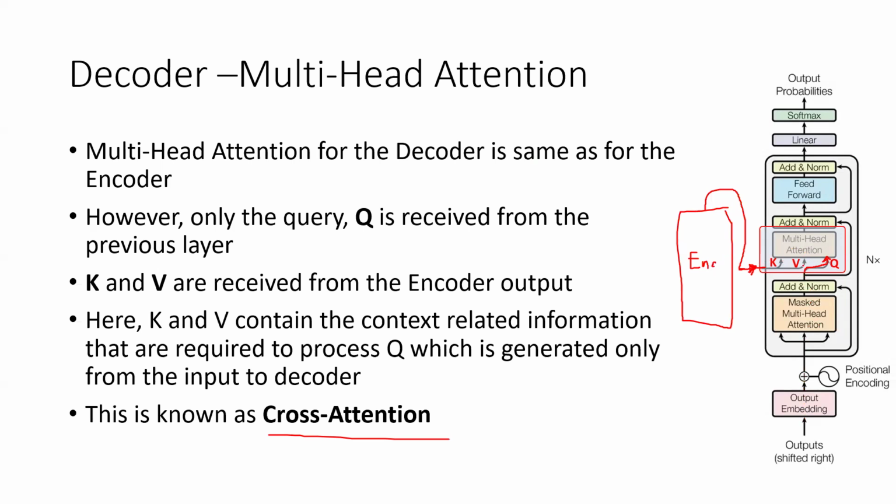K and V contain the meaning of the whole Japanese sentence, and the Q contains only the tokens generated in English, so that it understands, now we have to generate this particular token, and then it passes to the next layers and predicts the next token that has to be generated in English. Okay? That is how the cross attention works with the help of the encoder output.